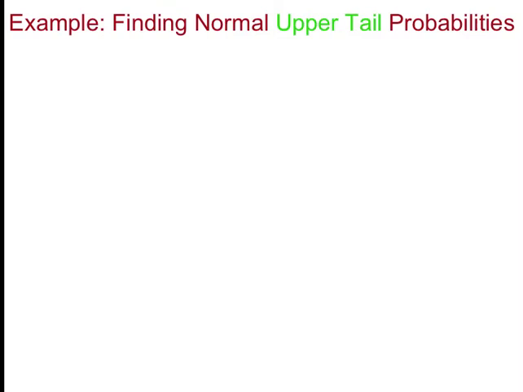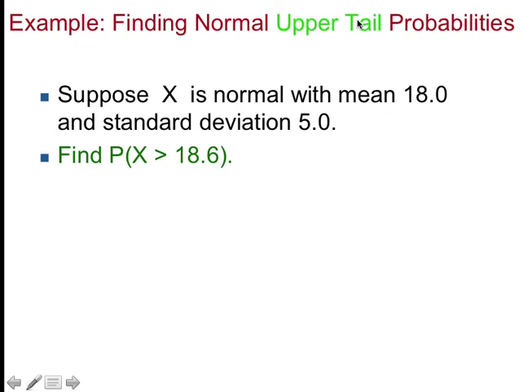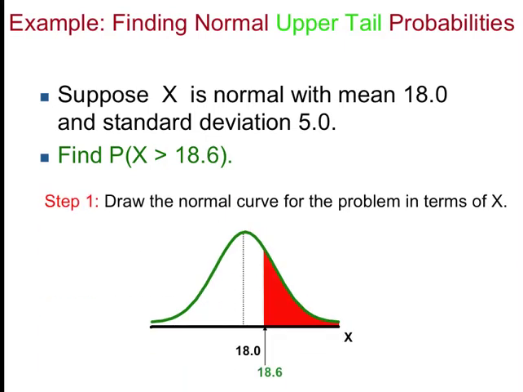Suppose we wish to find the normal upper tail probabilities. In the example that we just treated, if our interest is in the probability that x is greater than 18.6, the steps are similar. First, we sketch the normal curve for the problem.